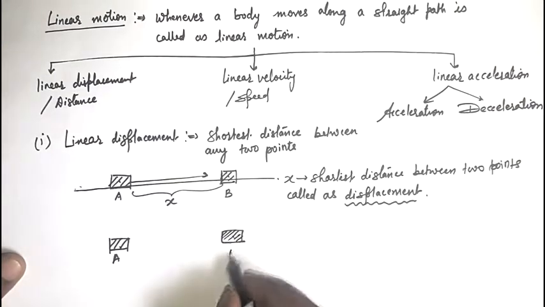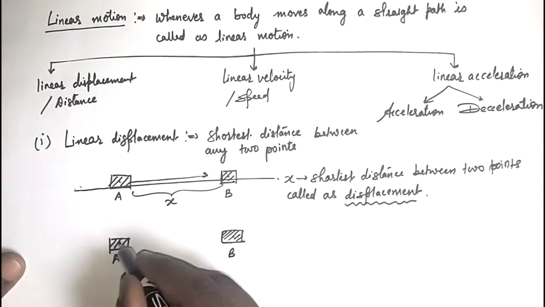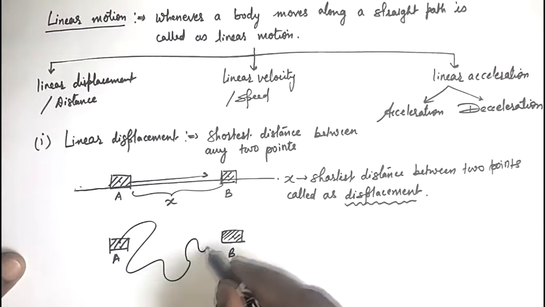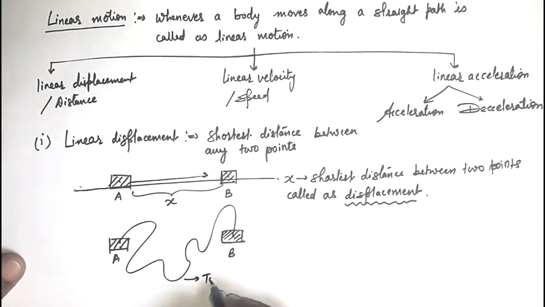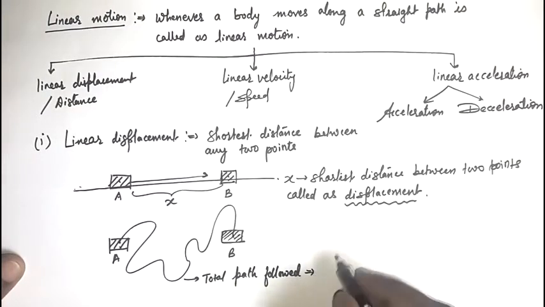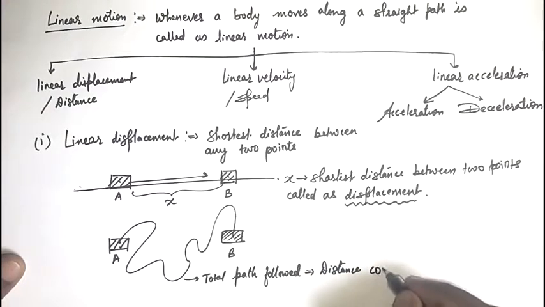Now the body is at point A initially, and now it moves again to point B, but this time we use a different situation, where we move the body from point A to point B along this path. This is the total path followed by the body to reach from point A to point B, and this total path followed is called distance.